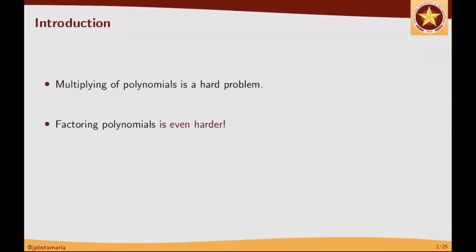Pero, ang totoong problema ay factoring, kahit naman sa integers, di ba? Kahit naman sa integers, madaling mag-multiply ng dalawang integers kahit gaano yan kalaki. Hindi ko sinasabing madali as in mabilis gawin ng kamay.